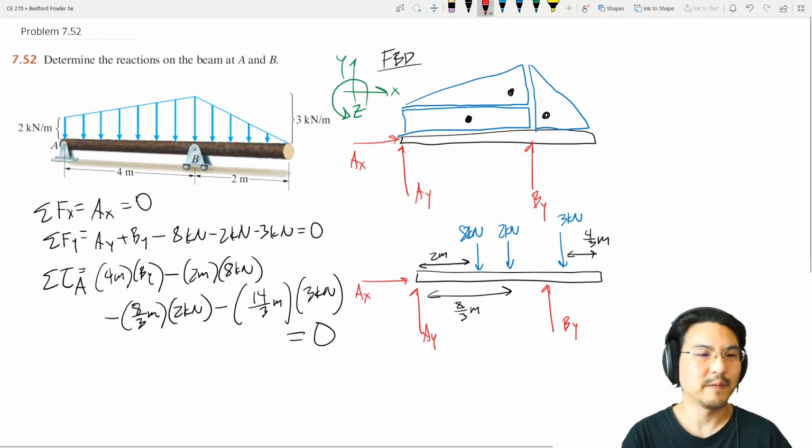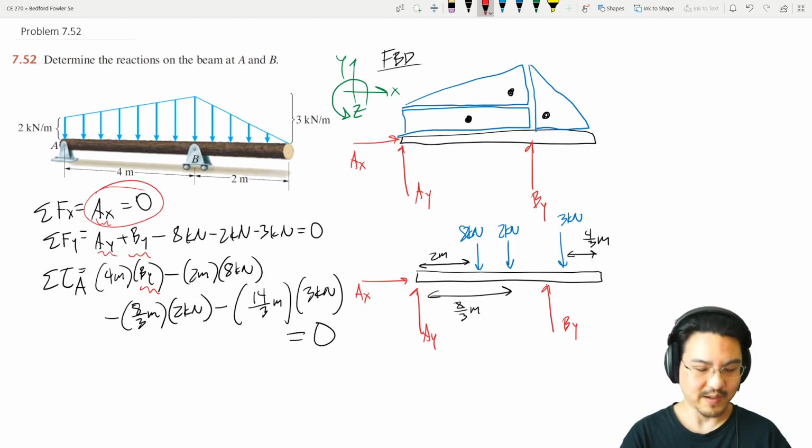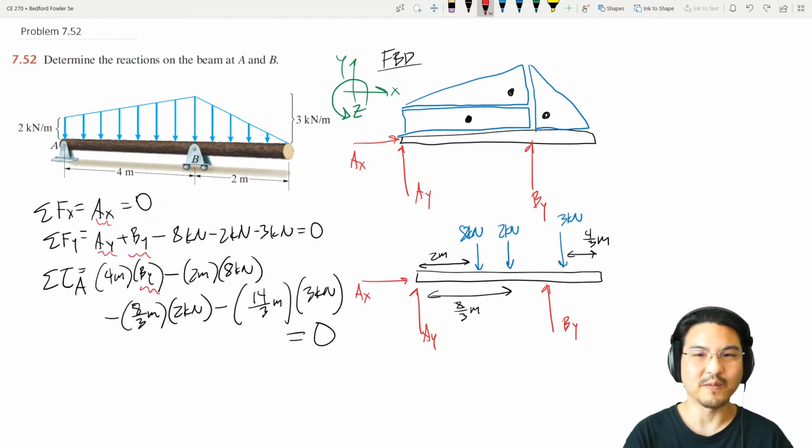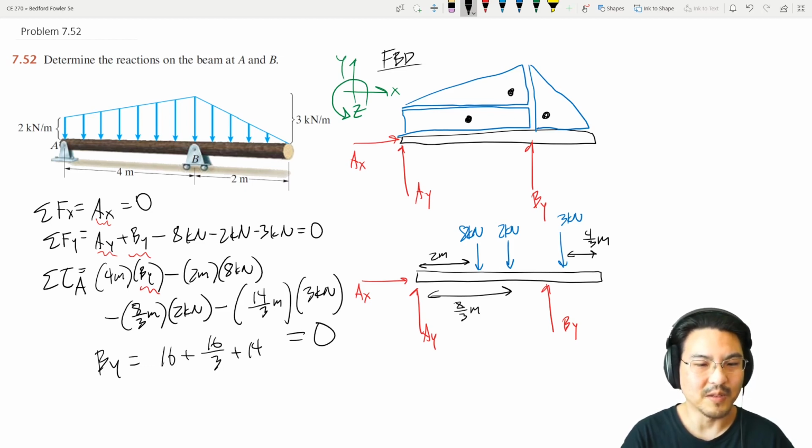So now we have 3 equations, 3 unknowns. So solve that, Ax equals 0. I'll solve this next for B. So B is, let's see, that's 16 plus 16 over 3 plus 14 over 4.